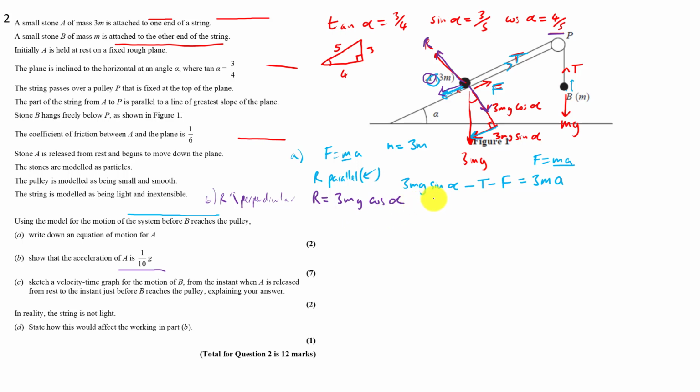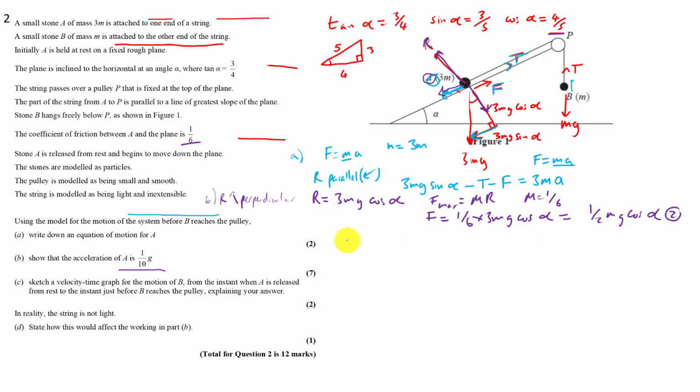Now we have F max equals mu R, and we know mu equals 1 over 6 as it's given right here. So the friction F is going to equal 1 over 6 times 3mg cos alpha, which is going to equal a half mg cos alpha. We're going to call that equation 2.